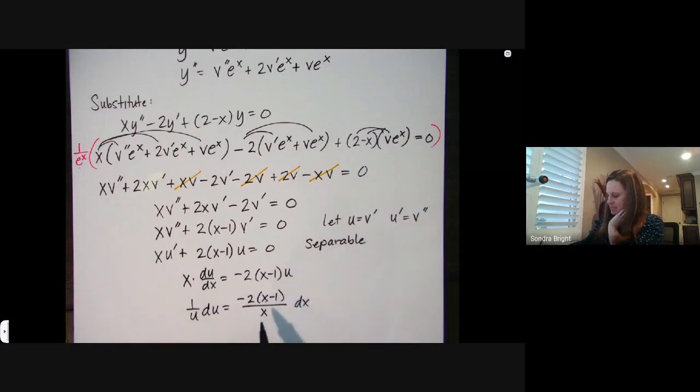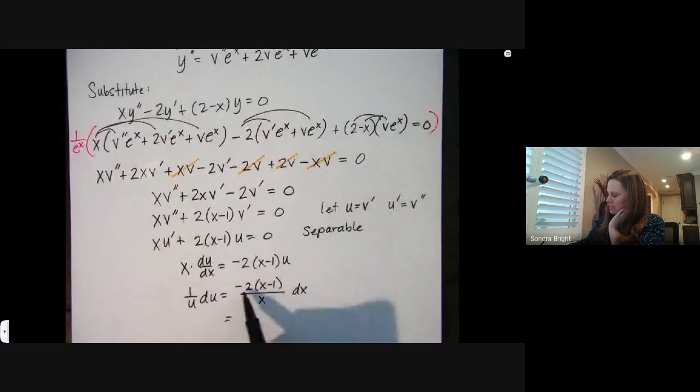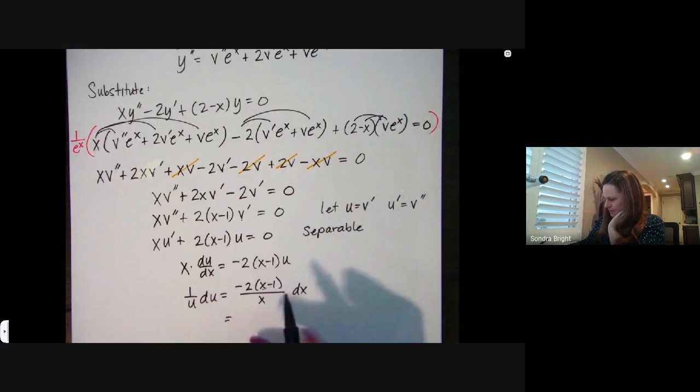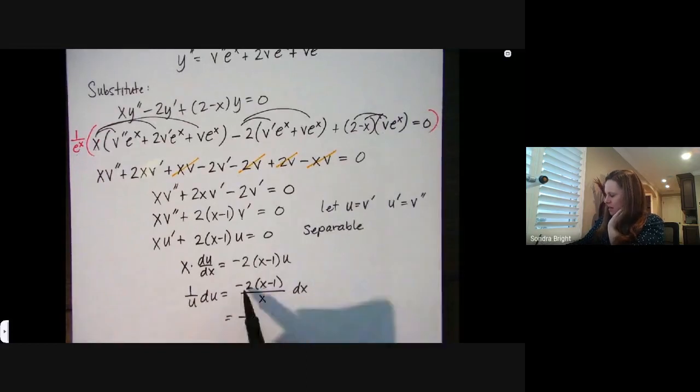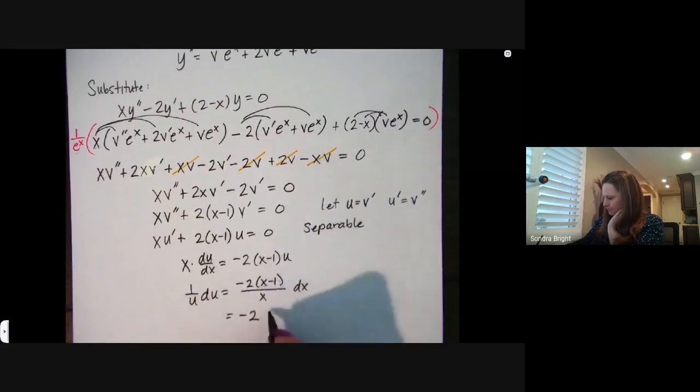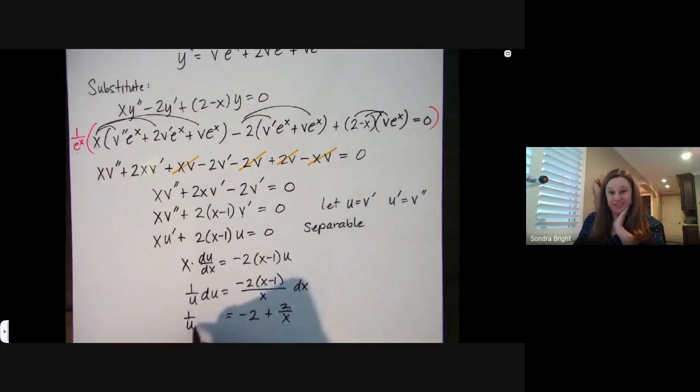Well, I guess it doesn't matter. You can still see it: this becomes negative 2x divided by x, which is just a negative 2, and then a plus 2 over x. Yeah, dx.